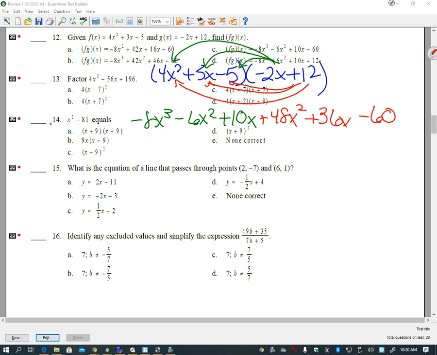We're looking for values that have the same variable to the same exponent. Negative 8x cubed stays lonely. What does negative 6x squared go with? 42x squared, correct? Okay, 10x goes with 36x to be 46x, minus 60. We understand what's going on.